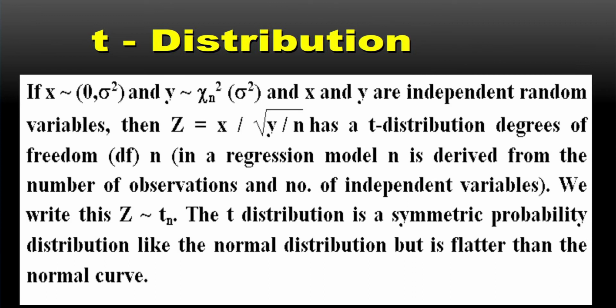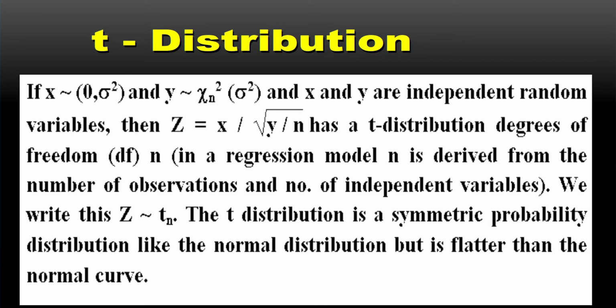If x follows a normal distribution with 0 mean and sigma squared variance, and y follows a chi-square distribution with n degrees of freedom, and x and y are independent random variables, then z is equal to x divided by the square root of y divided by n, and has a t distribution with n degrees of freedom.